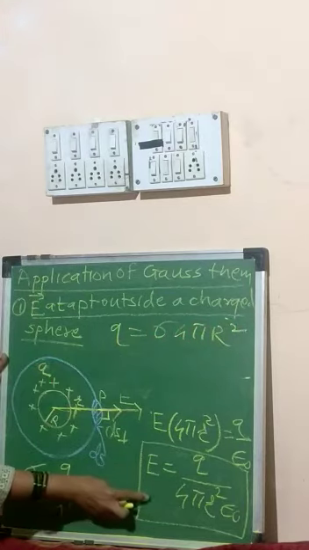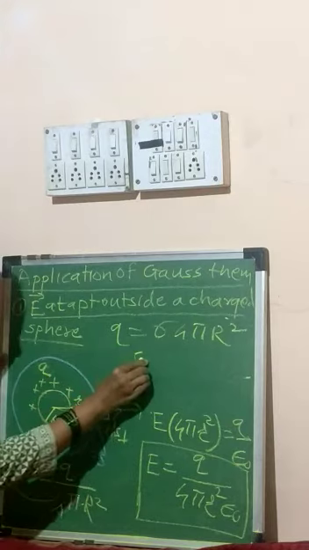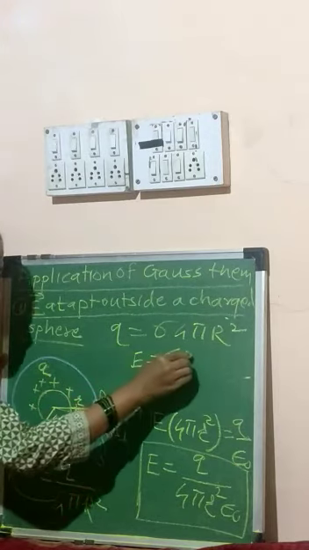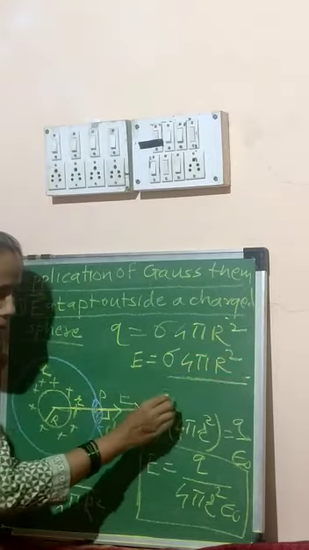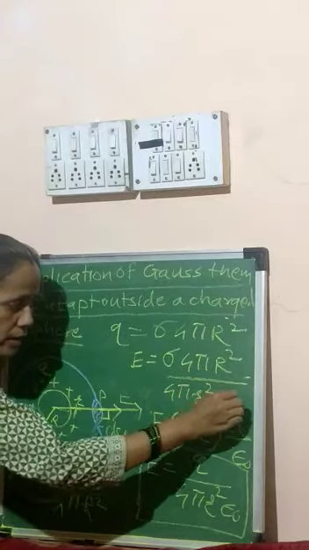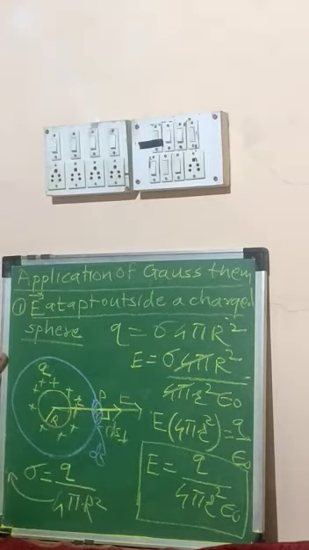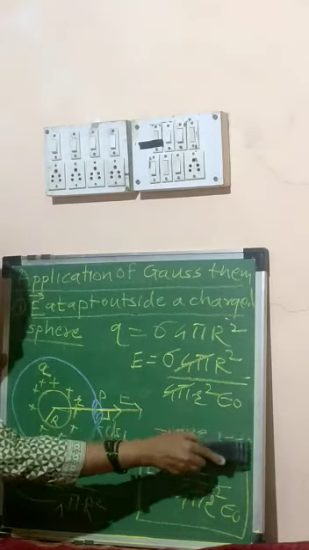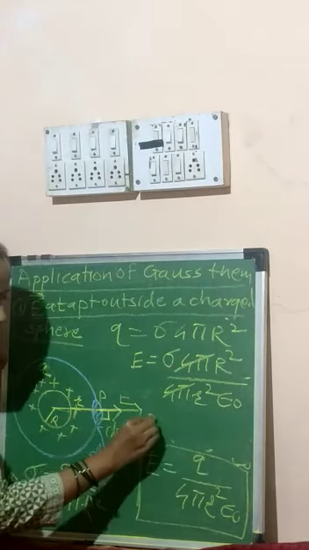If this value of q I'll substitute in intensity formula, so your intensity formula E can be written as sigma 4 pi capital R square divided by 4 pi small r square into epsilon naught. In that this 4 pi factor will get cancelled, and I will get the second formula for intensity.